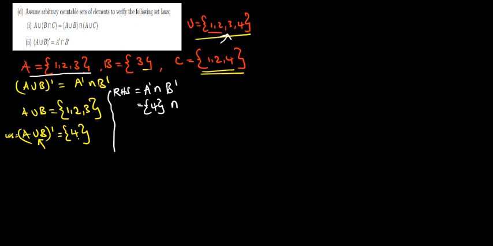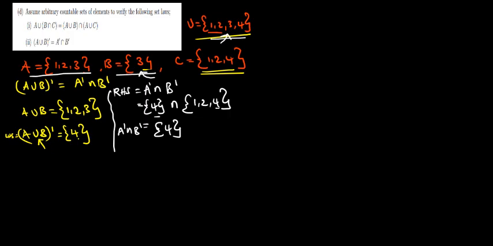Let's find B complement. B has 3 only, so in its complement we write all the members that are not in B but are in the universal set, meaning 1, 2, and 4. Then we take the intersection of these two sets. We see clearly that 4 is common, so 4 will be there. This is our A complement intersection B complement.